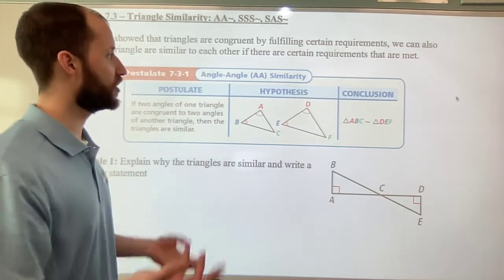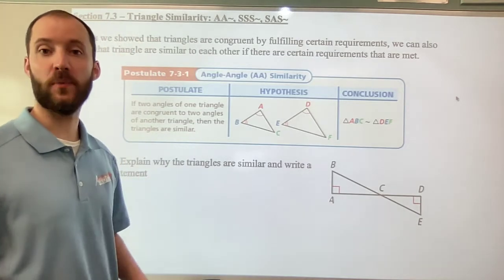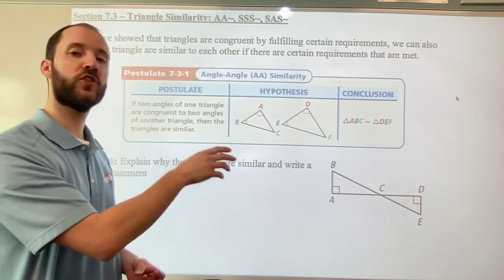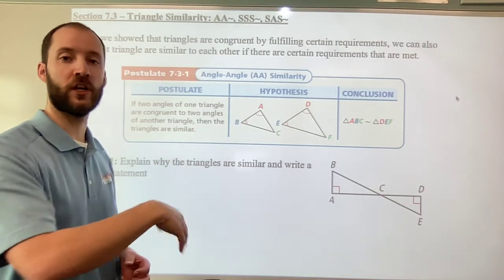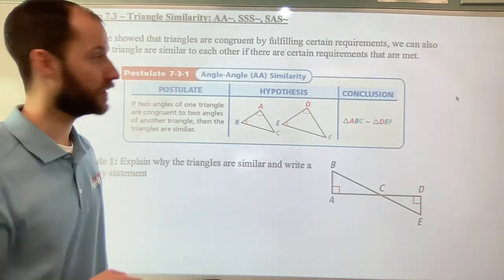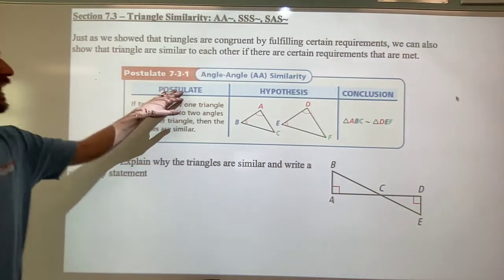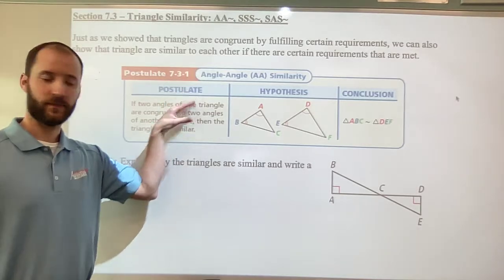So equal ratios make a proportion, and we want to show the proportion between sides or show the 1-to-1 ratio, or congruency, with the angles. We'll start with angle similarity.